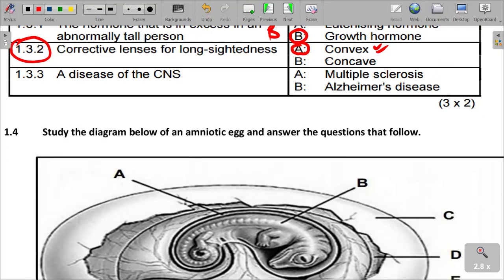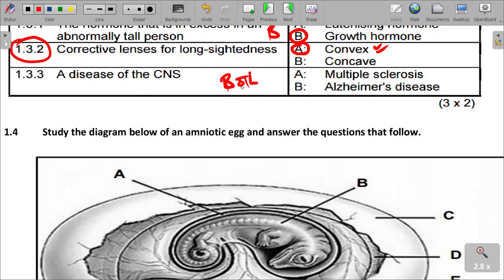A disease of the central nervous system. It is actually multiple sclerosis and Alzheimer's disease, both of them.